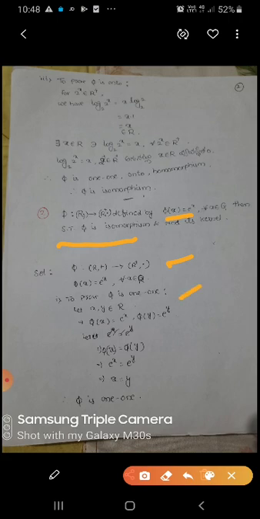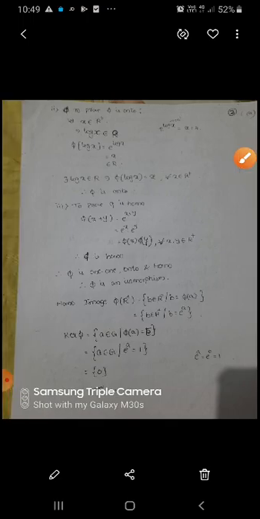First one, to prove phi is one-one, let x, y belongs to R, phi of x equal to e power x, phi of y equal to e power y. Since phi of x equal to phi of y, that implies e power x equal to e power y, that implies x equal to y. So phi is one-one.